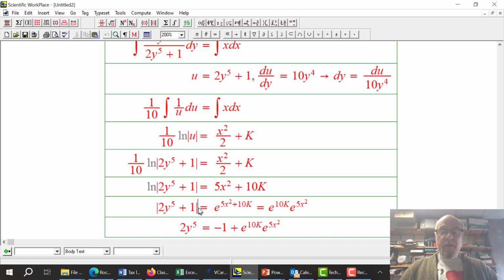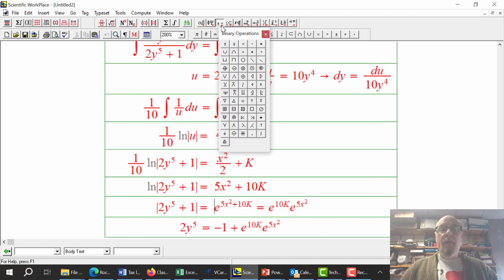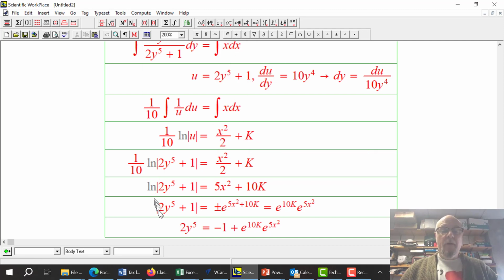So if I get rid of these absolute value bars, then I'm going to have to put plus or minus here when I get rid of those absolute value bars. So let's just have the plus minus here. And e to the 10k is a constant, so we've got the plus minus here.